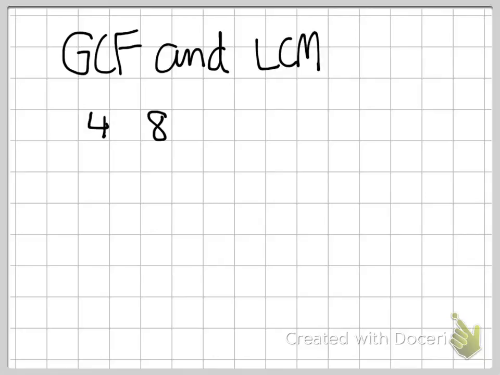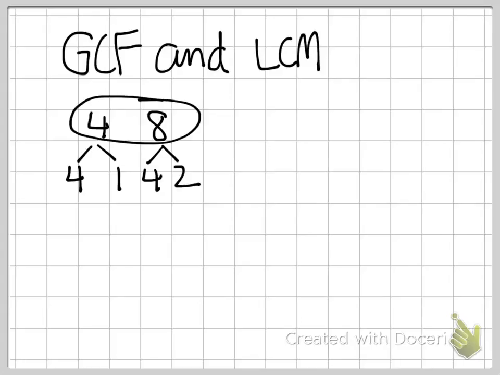In this instance, the GCF would be 4, because that's the largest number shared between these two up here, which are called multiples or products or the answers. The least common multiple in this instance is, of course, 8, because that is the smallest multiple that both of those share. 4 times 2, of course, is 8, and then 8 times 1 is also 8.